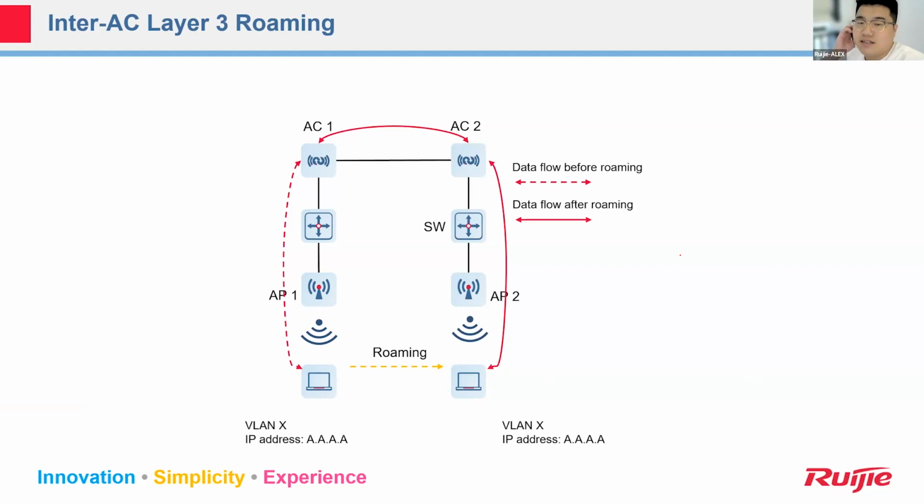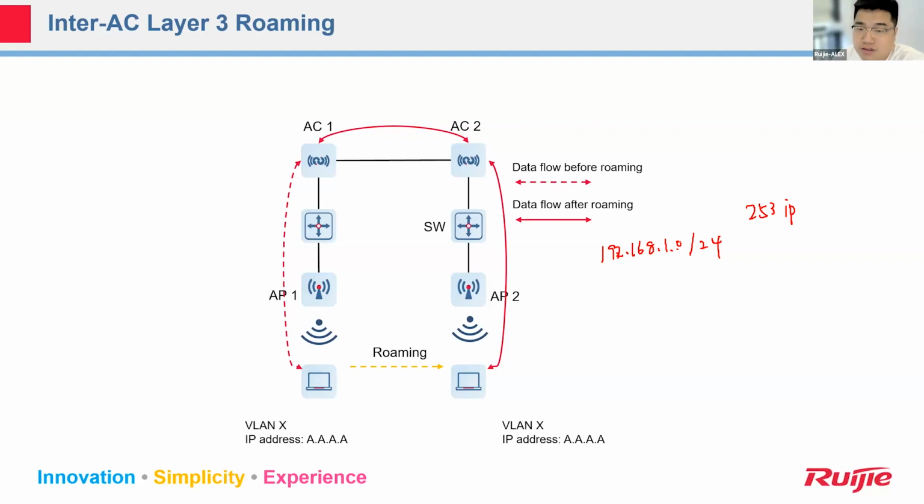Just now we said that if, for example, the subnet is 192.168.1.0 maybe slash 24, the mask length is 24. The reason why we only have 253 available IPs in this subnet is that the IP address is 32-bit length, right?